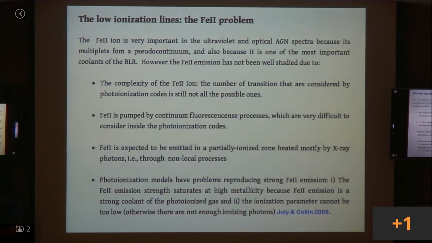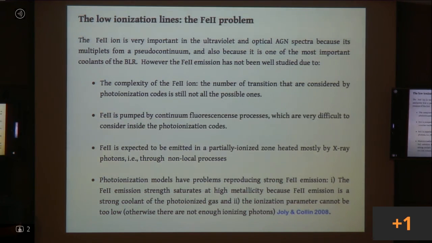One of the problems is the complexity of the iron 2 atom, and also the fact that the iron 2 line is pumped by fluorescence processes, which are difficult to consider within a photoionization code. Also, it's emitted in a partially ionized heated zone, as Sylvain explained, through non-local processes.